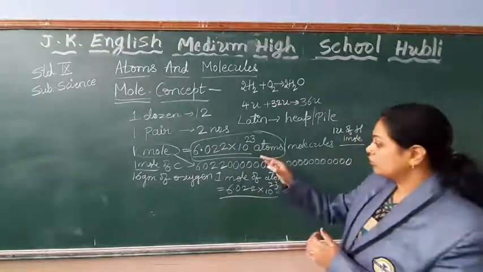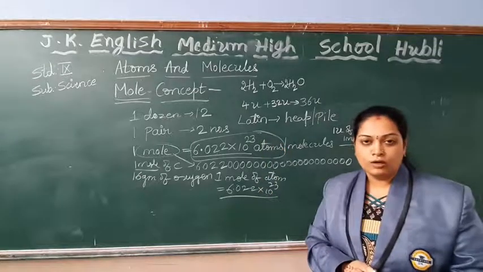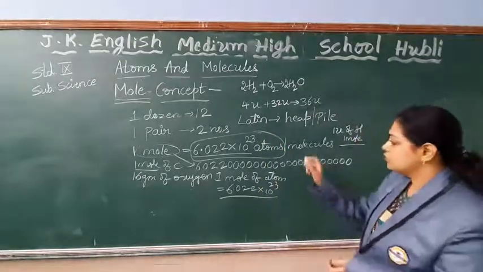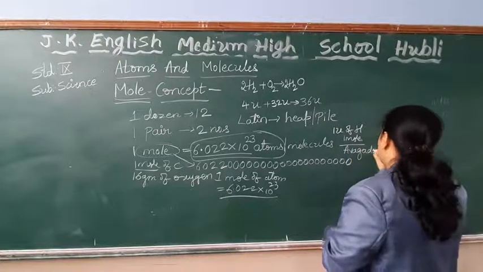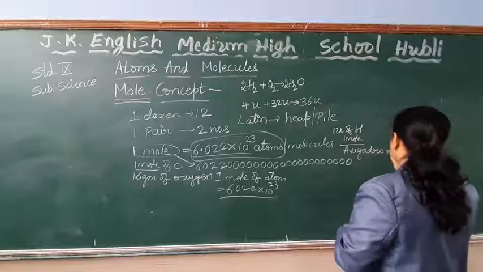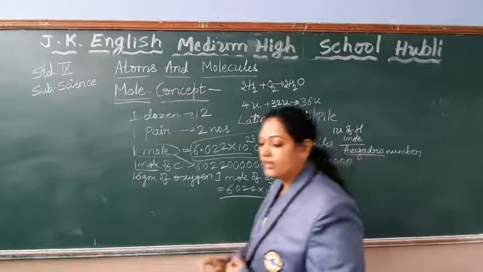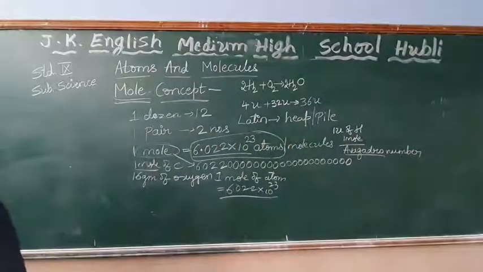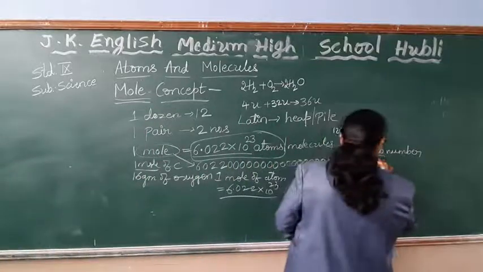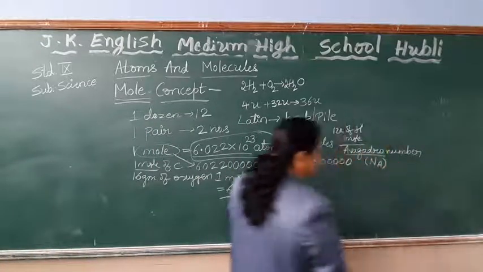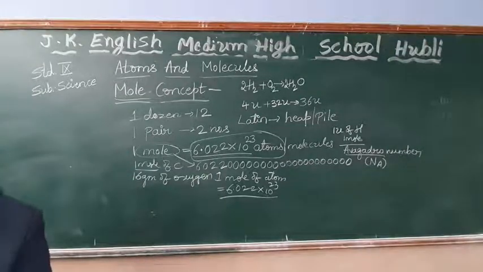It is very difficult to tell this every time, so we tell it in terms of the mole. This number is also known as the Avogadro number, named after the scientist Avogadro who introduced it. The Avogadro number is represented as N_A, capital N-A.